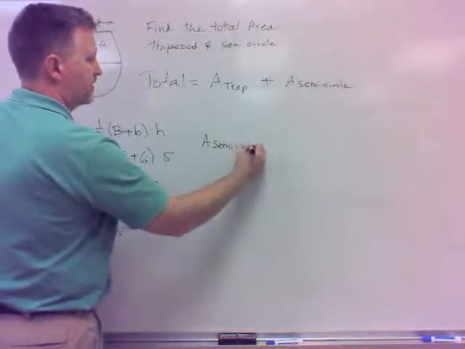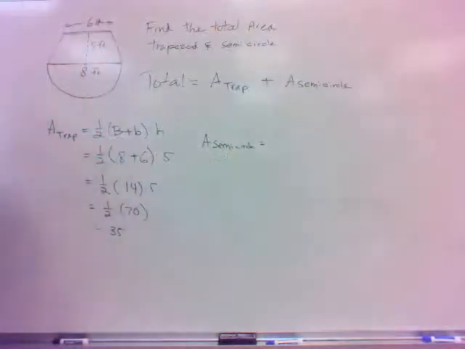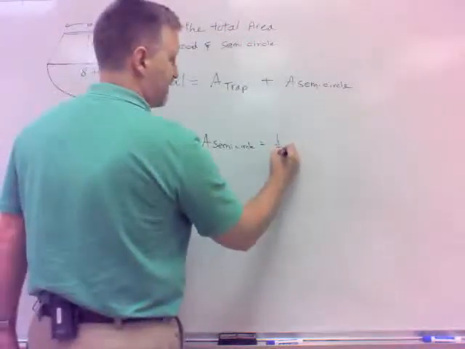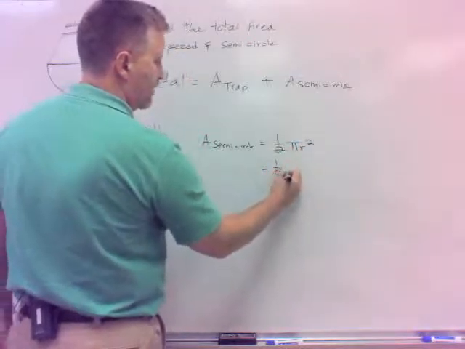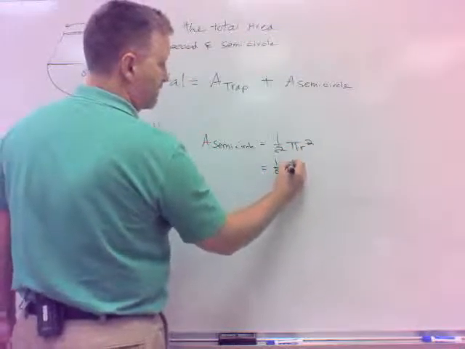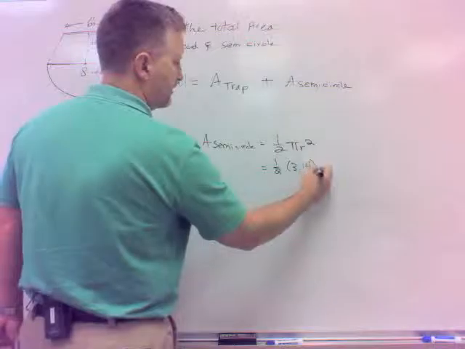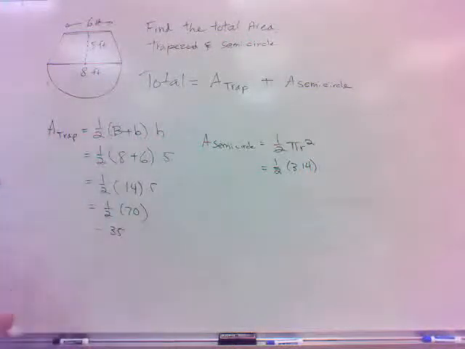Now, let's talk the semicircle. The semicircle, the circle is pi r squared, but what if it's a semicircle? Well, it's only half the circle, isn't it? So the area would be half of pi r squared. So that's going to be 1/2 times pi, 3.14, let's use, times the radius squared. What's the radius of this circle? 8?